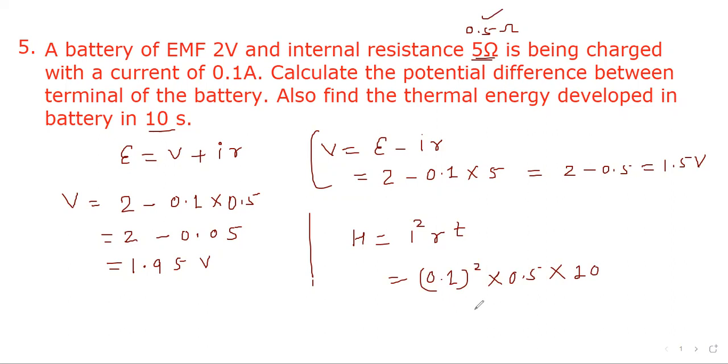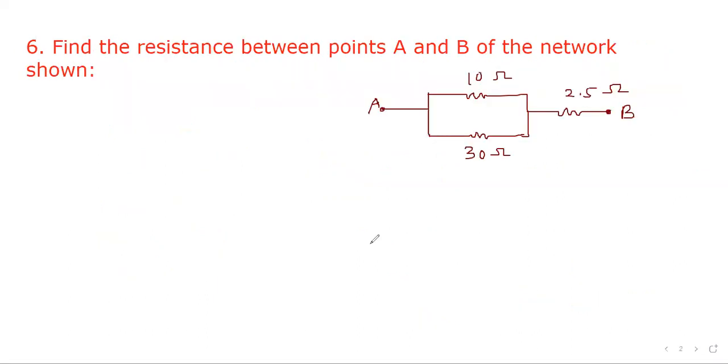If we simplify, this will become 5 into 0.01. So that will give 0.05 joule. Now, let's go to the next question.